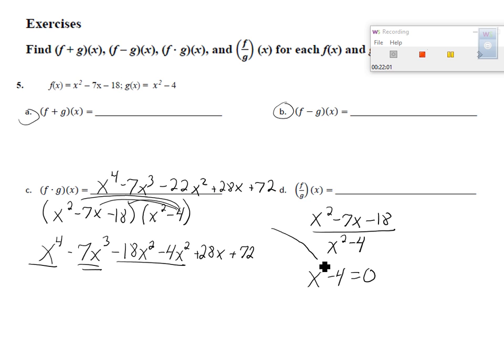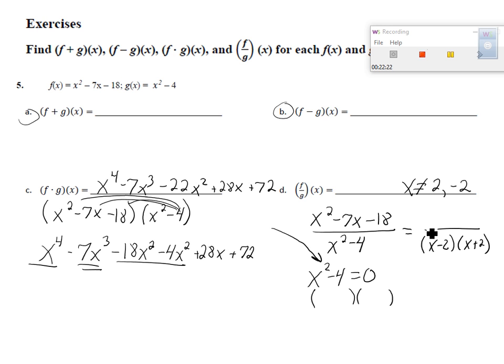I'm going to have two answers this time. I'm going to factor this into x minus 2 and x plus 2 because it's a difference of squares. So let's come up and tell the world real fast. x cannot be 2 and negative 2. So I factored it and set each equal to 0.